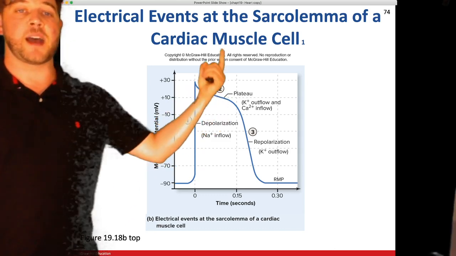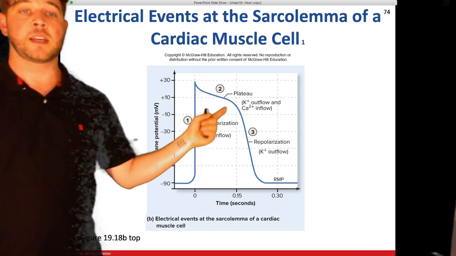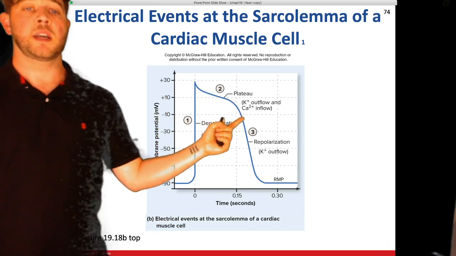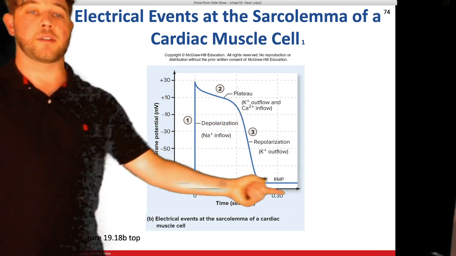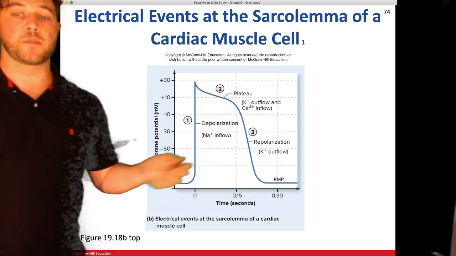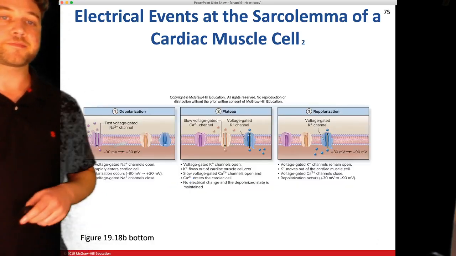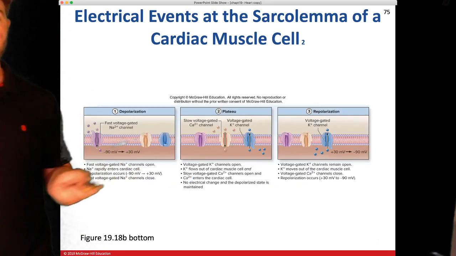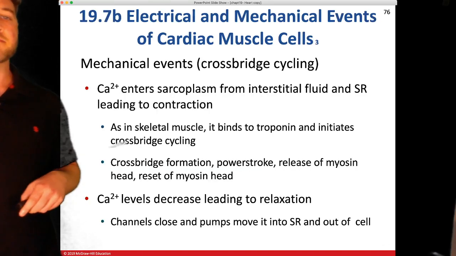You're going to have potassium out and calcium in. That's going to delay the repolarization into this plateau period until eventually the calcium channels close and the potassium channels stay open. Here is just another depiction of that.